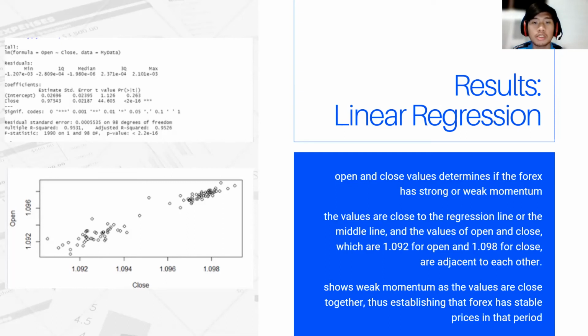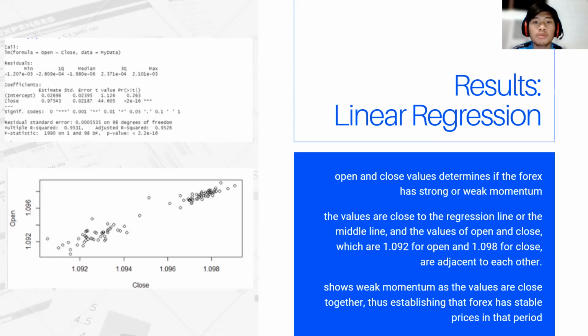Momentum determines the stability of the price and how much income one can gain. Observing the graph, the values are close to the regression line, or the middle, and the values of open and close, which are 1.092 for open and 1.098 for close, are adjacent to each other.